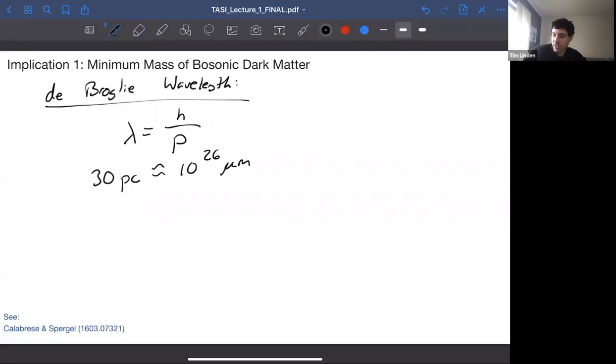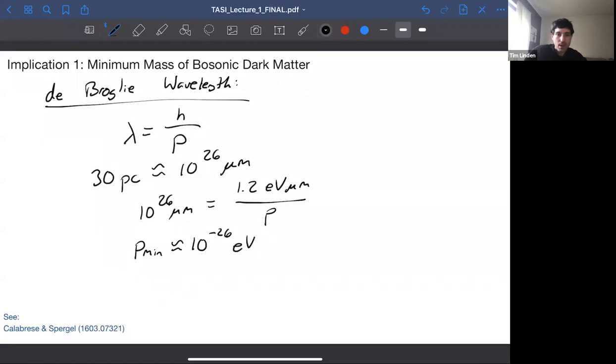So this radius here, that's the wavelength I want to care about, 10 to the 26 micrometers, compared to Planck's constant, 1.2 eV micrometers divided by the momentum of the particle. That tells me that the minimum momentum is around 10 to the minus 26 electron volts.